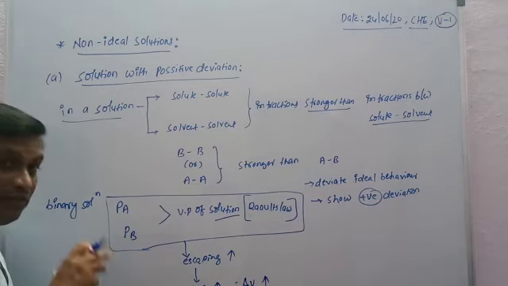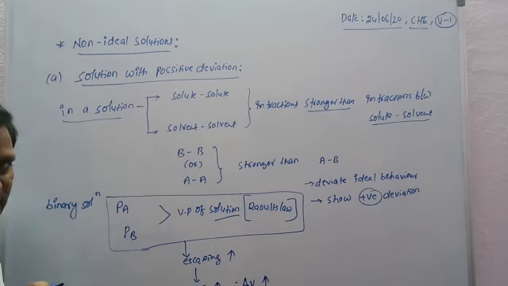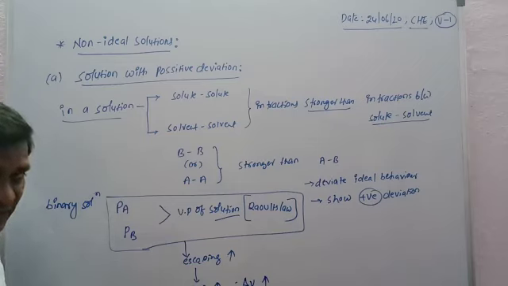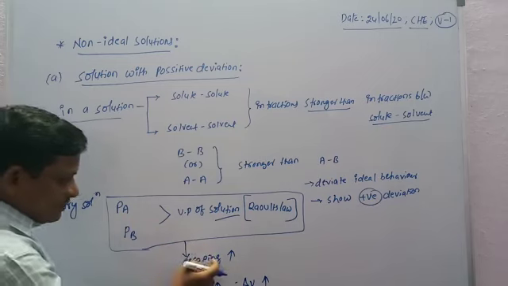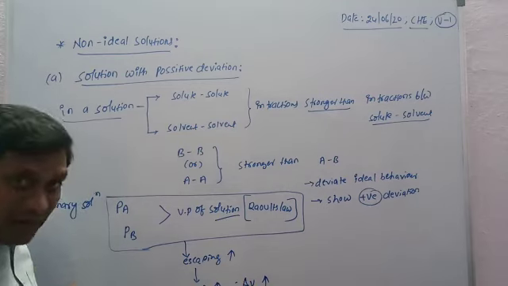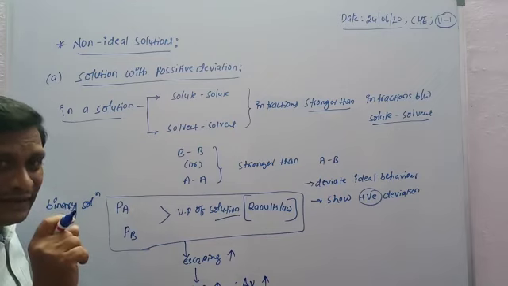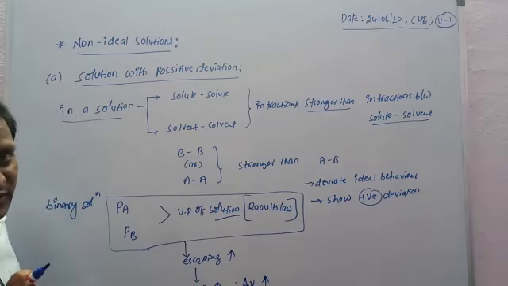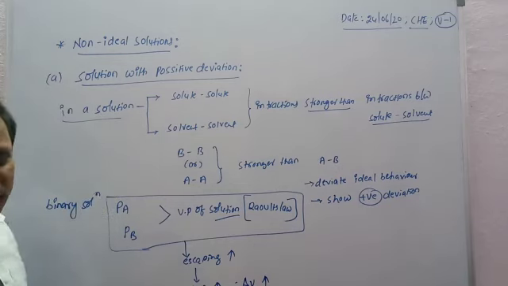Between the solute molecules and solvent molecules, interactions decrease. Then the escaping nature of the molecules increases, vapor pressure increases, and volume increases. So the total vapor pressure is greater than the vapor pressure with respect to Raoult's law, and this solution shows the positive deviation.